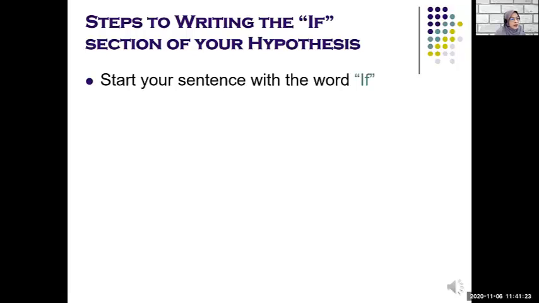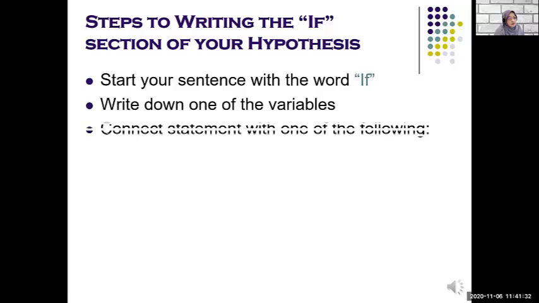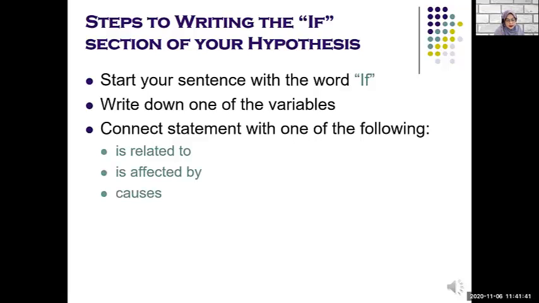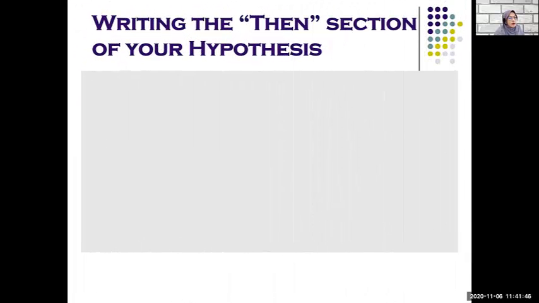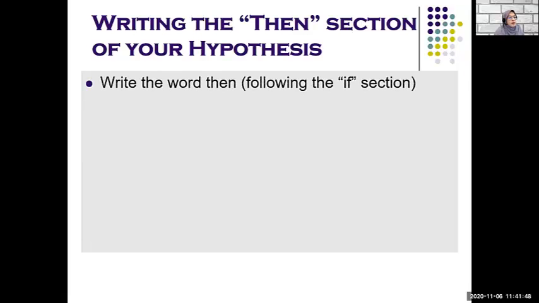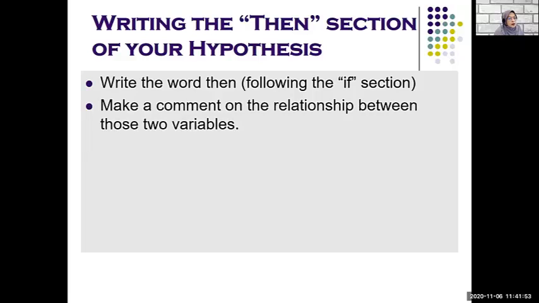So, steps to writing the if section of your hypothesis. Start with the word if, write down one variable, connect the statement with one of the following: is related to, is affected by, causes. Then write down the other variable. After writing the if section, make a comment on the relationship between the two variables.